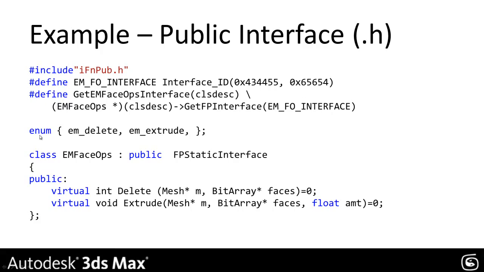Okay. And then again, there's enumerations that define the position of the function within the interface, and then the class defining the interface itself. So this class em faceops is derived off of fp static interface, and then you define the virtual functions that are going to be callable.